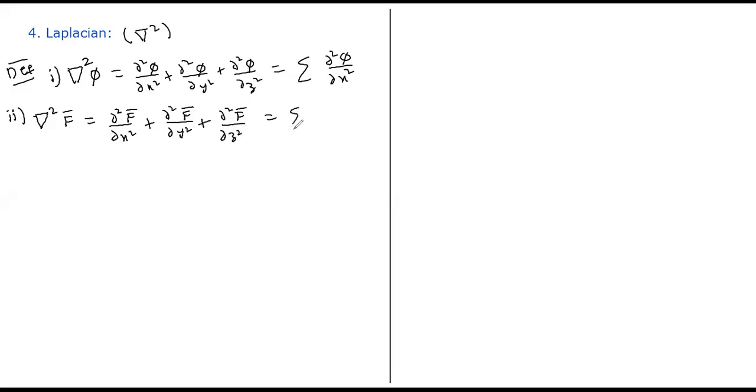What is this in sigma notation? Dou square f bar by dou x square. So what is input? What is output? Input is a vector function. Output is also a vector function, because the double derivative of a vector is a vector, and the sum of vectors is a vector. So Laplacian is transforming scalar to scalar, vector to vector.